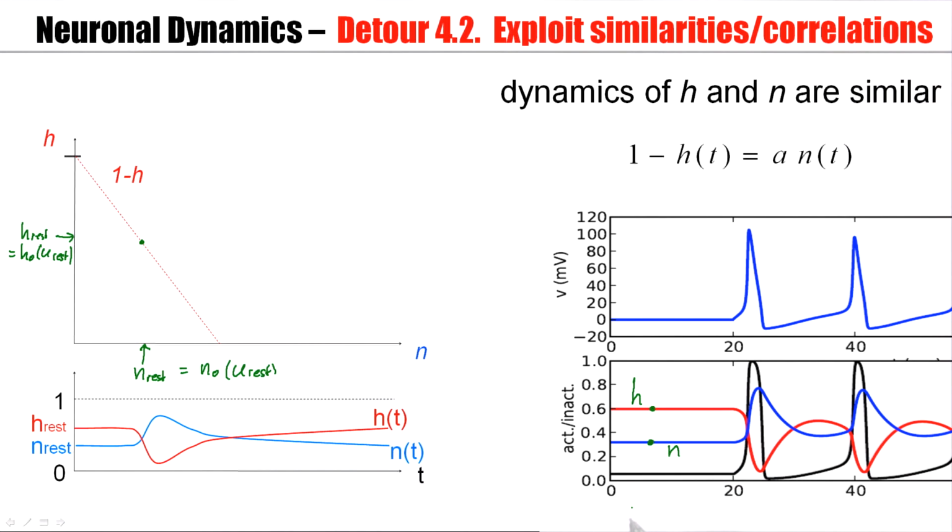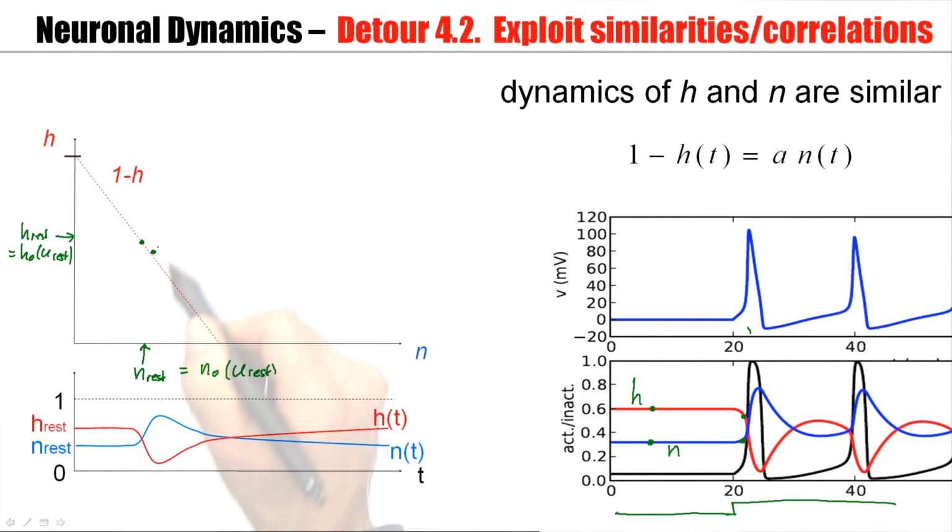Now at some point here at 20 milliseconds, a step current is switched on and the neuron starts to emit spikes. During the spikes, the H variable does some detours, the N variable also does some detours, and the two of them are sort of mirror images. For example, immediately after the onset of the stimulus, I see that H is going down.